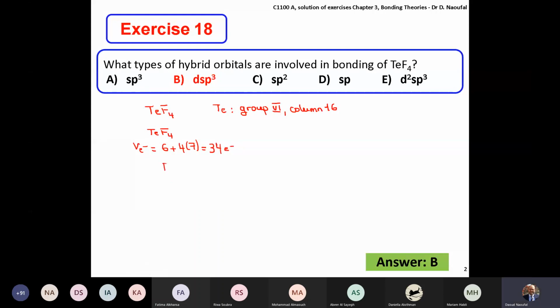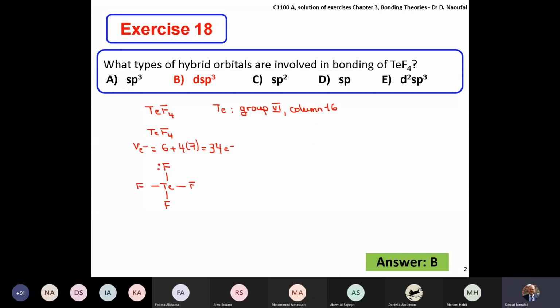So we draw F, Te, F, F, F. We have 4 bonds. 34 minus 8, 26.